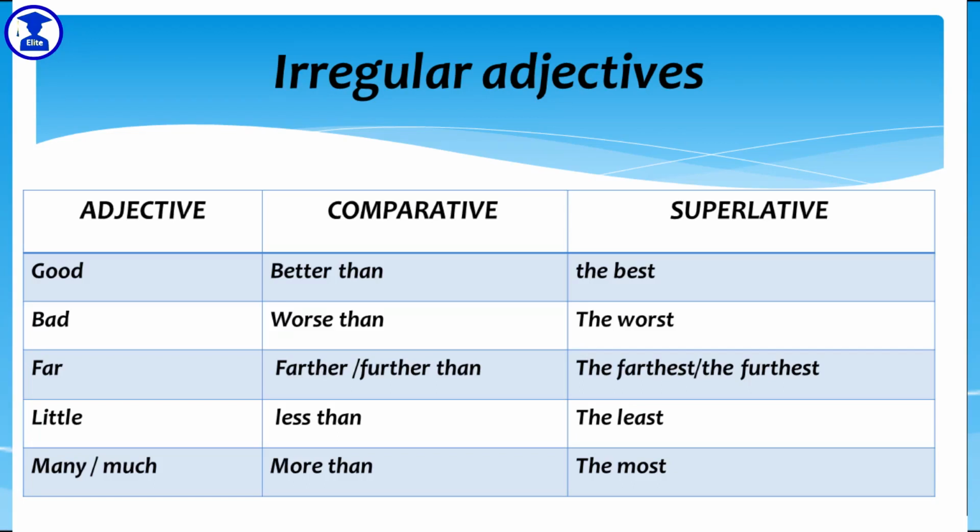So good, better than, the best. A is bad. B is also bad. But A is worse than B. And C is the worst.